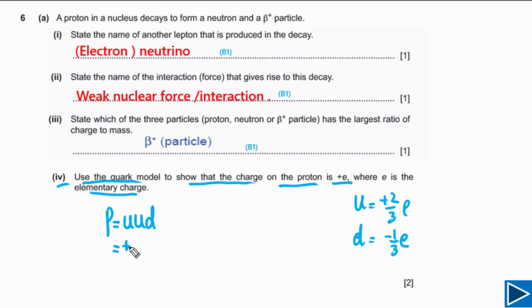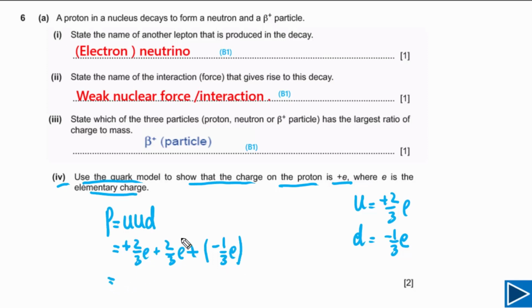The charge on one up quark is 2 by 3 e. We have two up quarks, so we write this 2 times, and we need to add the charge on the down quark, which is minus 1 over 3 e.